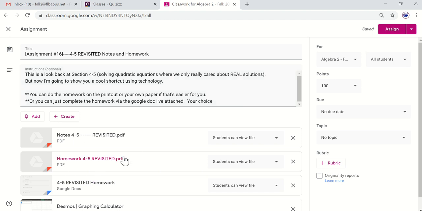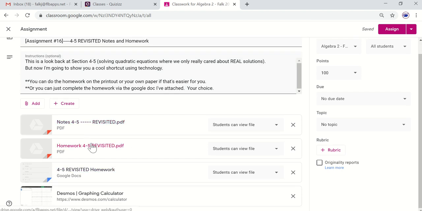Now, you're going to see more attachments than just this. I think you're also going to see literally this video attachment that I'm making right now. Whoa, I'm breaking the fourth wall with that. So you're going to have the notes handout, of course, this video link somewhere once I'm done making it, and the homework copy.